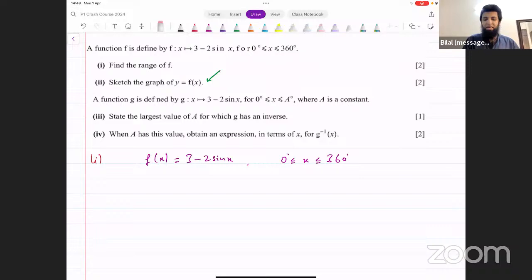Once you have drawn the sketch, then you can just write the range afterwards. You have separate space for every part in the exam, right? So you do the second part first, sketch the graph, and then write down the range. Look at the highest point of the graph and the lowest point of the graph, and based on that, you can write down the range of the function. That is one possibility. Okay, so that's one thing that you could do.